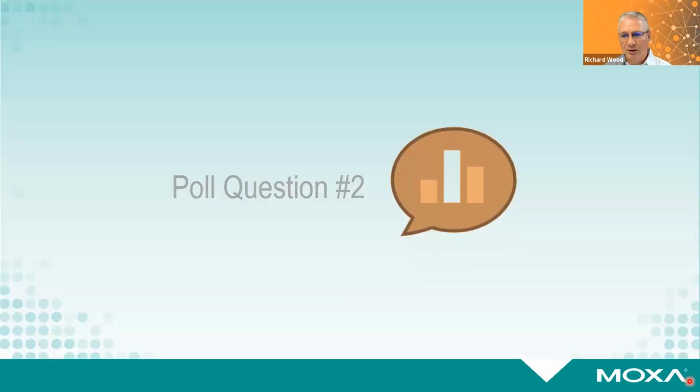So with that, Scott, can you launch the second round of poll questions there? So what statement best describes your knowledge of your ICS network? First, I have no idea what's on my network or what it looks like. Second, I have a network inventory and network diagram, but I'm not sure it's up to date.